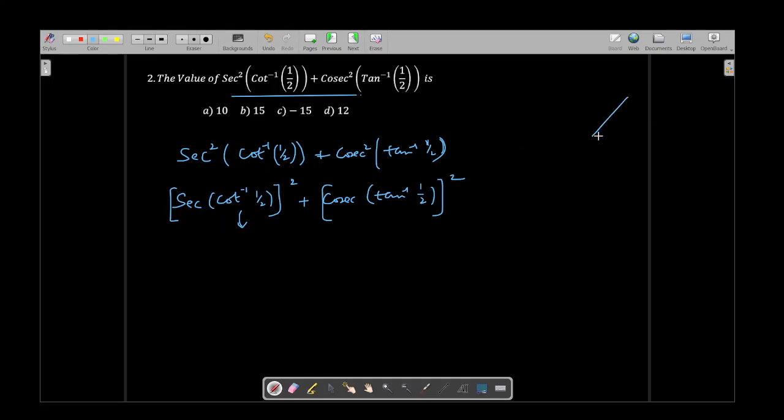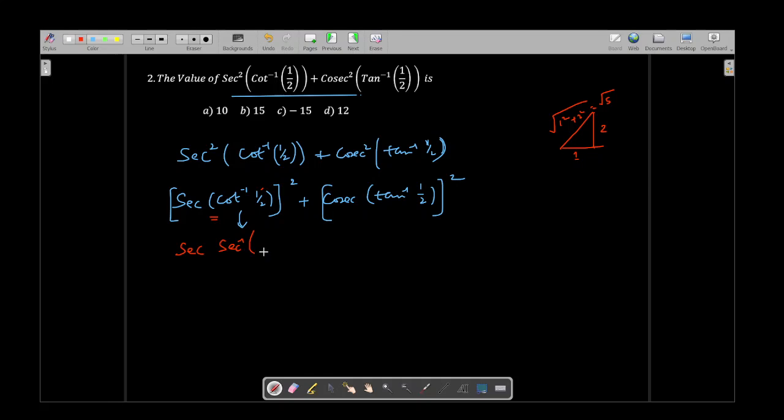So if I write the triangle for this in red, cot inverse of half: cot is adjacent by opposite. So adjacent becomes 1, opposite becomes 2. The hypotenuse will be square root of 1 plus 2 square, which is square root of 5.